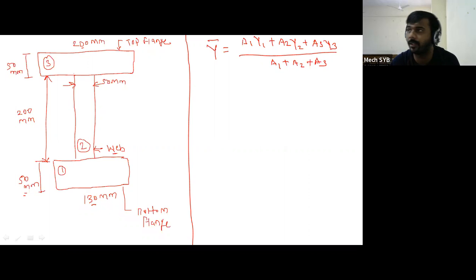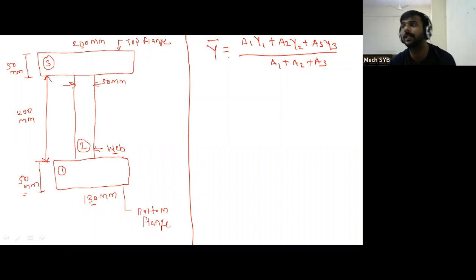This is the formula for the unsymmetrical I section or any unsymmetrical section. So first of all we have to calculate a1, a2, a3, meaning the area of section number 1, section number 2 and section number 3. Now we have to calculate y1, y2 and y3.